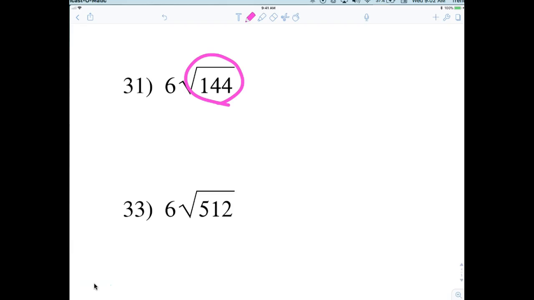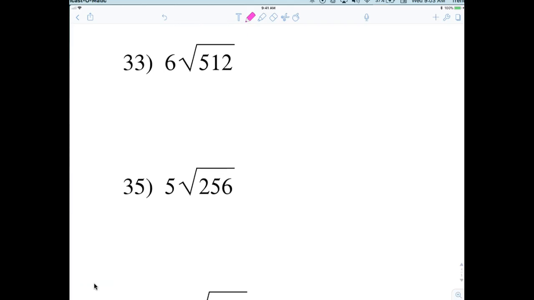No. 12 times 6, 72. Beautiful. What's the square root of 144? 12. Yes, because 144 is a perfect square. And then 12 times 6 is 72. All right.